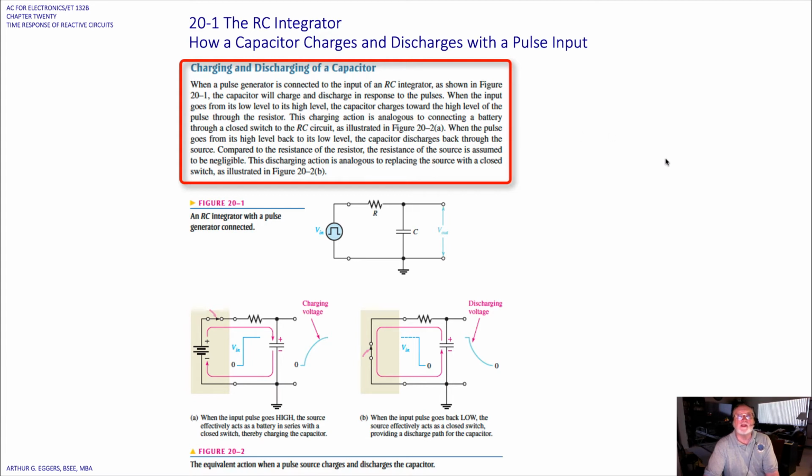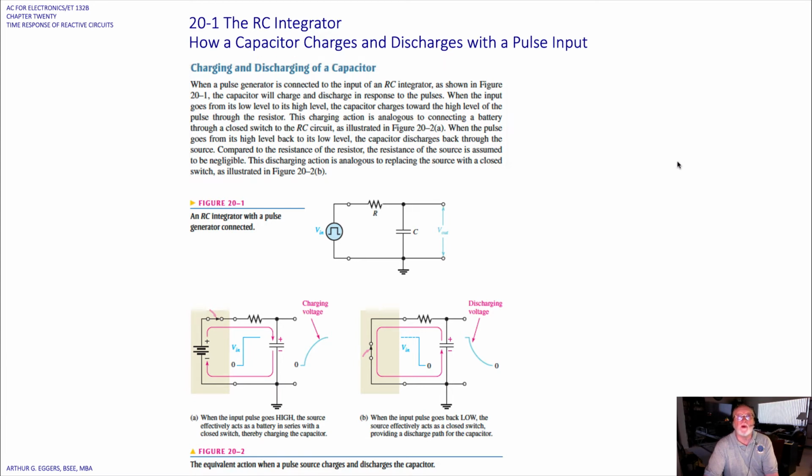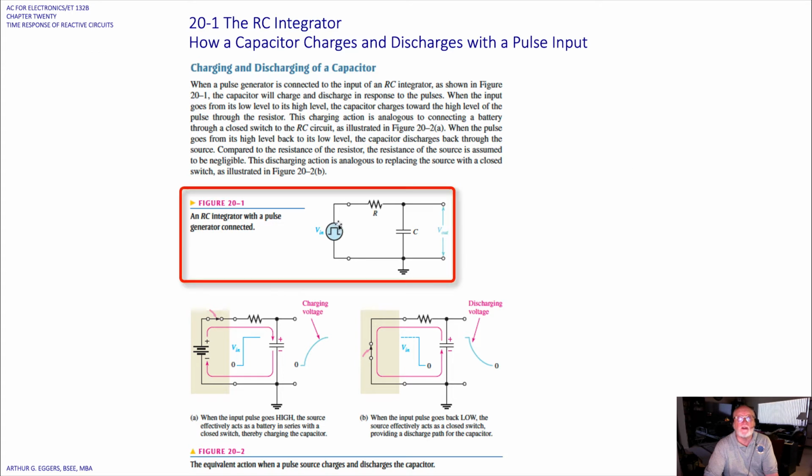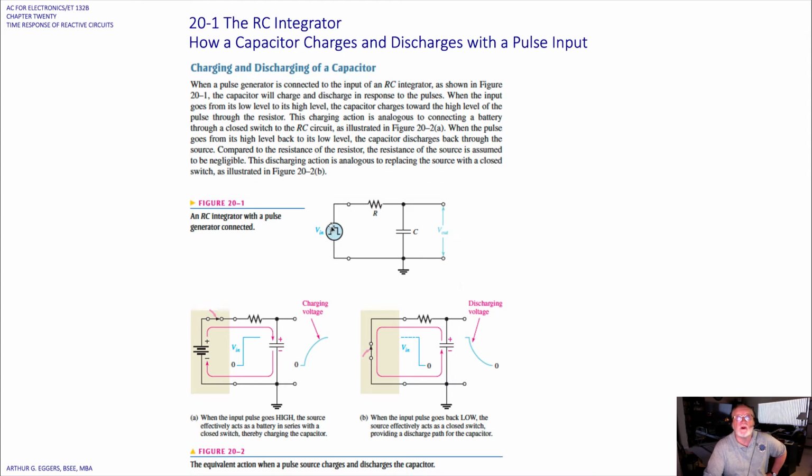So when a pulse generator, a square wave generator, we can see that we no longer have the little sinusoid in here. We've got a pulse. When the pulse generator is connected to the input of an RC integrator, the capacitor will charge and discharge in response to the pulses. So on the leading edge, we've got a transition from 0 to some high or some maximum value.